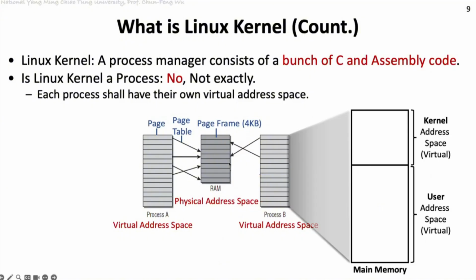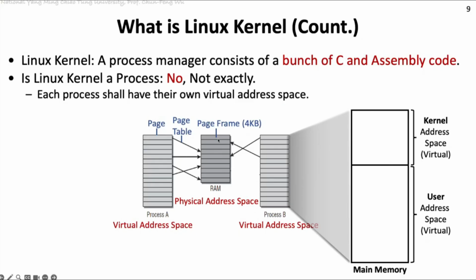If you take a deeper look at the virtual address space, it looks like this. In a 32-bit system, there is a 3 gigabyte part and a 1 gigabyte part. The user process can only use the 3 gigabytes, and the top address space is all for the kernel.